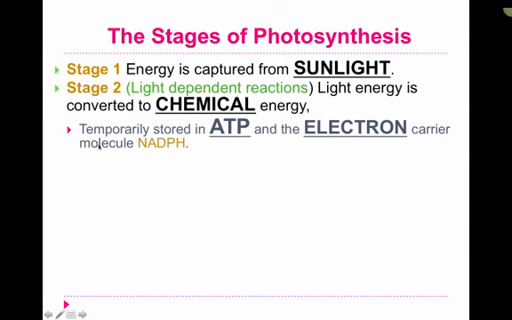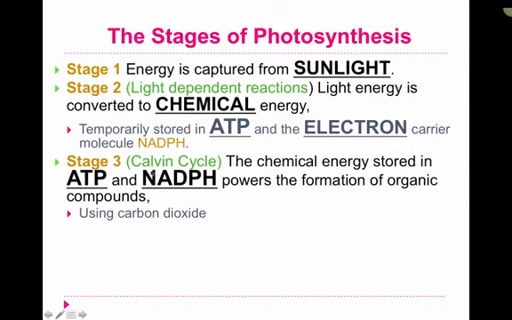Through this process, the energy is temporarily stored as ATP. Remember, ATP is a molecule that we use for immediate energy. So it's stored as ATP and as the electron carrier molecule NADPH.